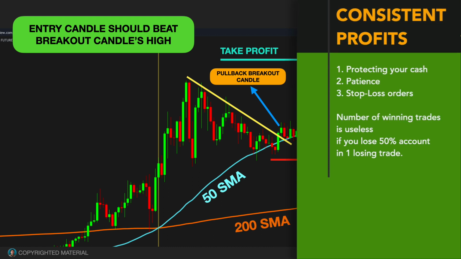Patience. 3. Stop loss orders. If you have these 3, even if your winning trade rate is 20%, you will make money. Because winning trade numbers and statistics are useless at all. If you have 19 winner trades and 1 loser trade which costs 50% of your account, that 95% winning rate means nothing.